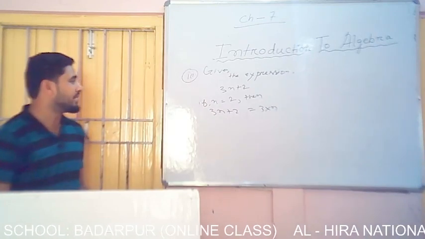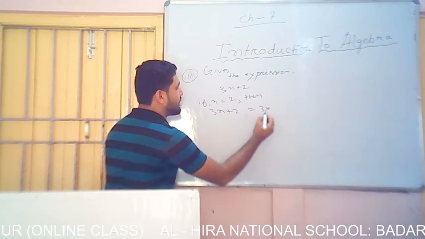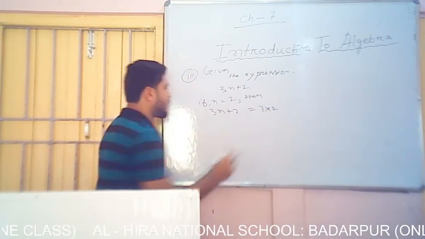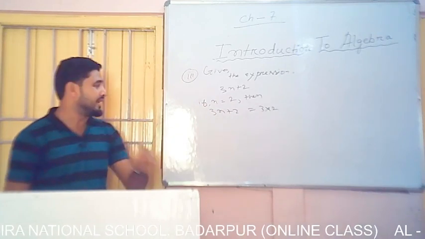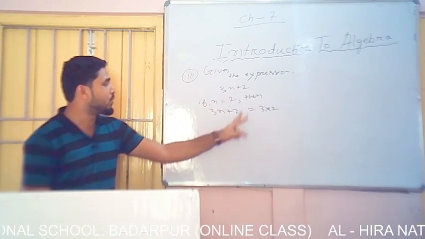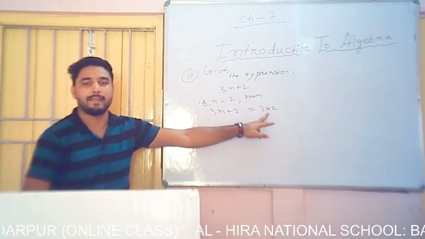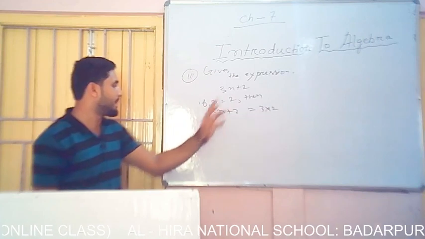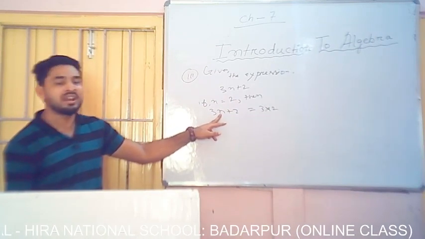You remember one thing, when you put the value of n, at that time you should write the relation. That means 3n, 3 and n are in relation of multiplication.